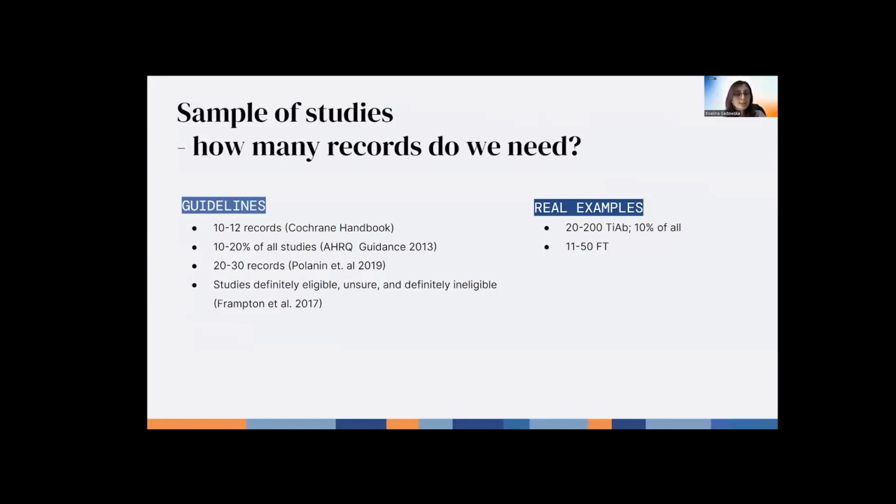And our research, based on real systematic reviews, shows a wide variety in the number of records included in the calibration exercise. So in practice, authors take between 20 and 200 records in the title and abstract screening phase, and 11 to 50 in full text screening.